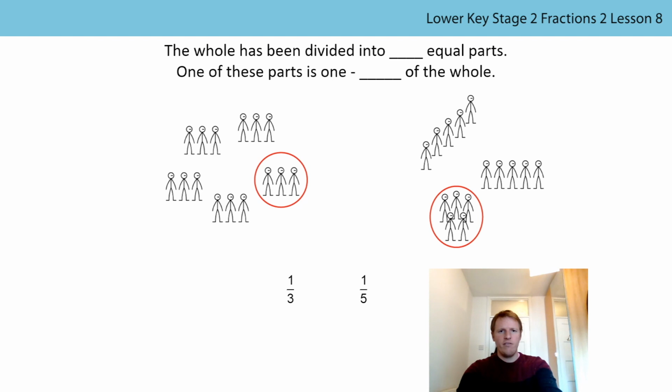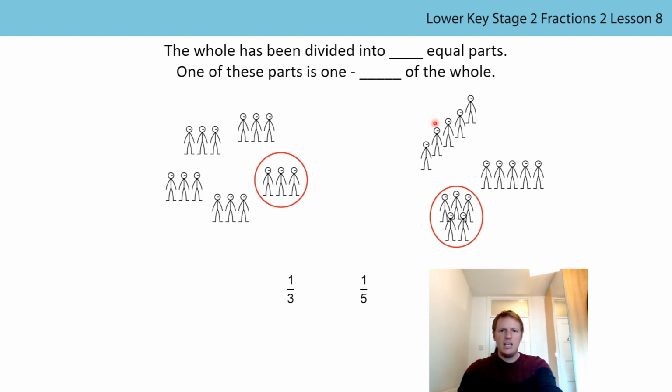So let's look at our first image on the left here. How many equal parts has the whole been divided into? 1 part, 2 parts, 3 parts, 4 parts, 5 parts. There are 5 equal parts. One of these parts is 1/5 of the whole. So we think 1/5 will go with this image.